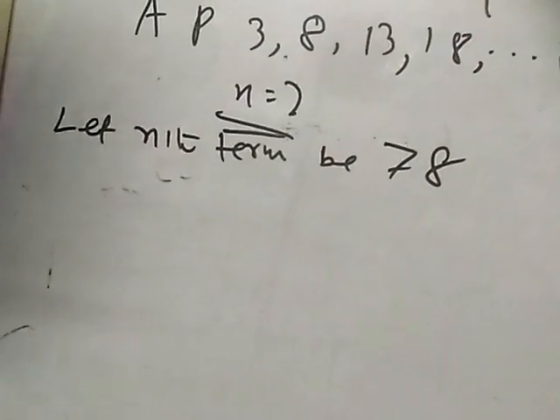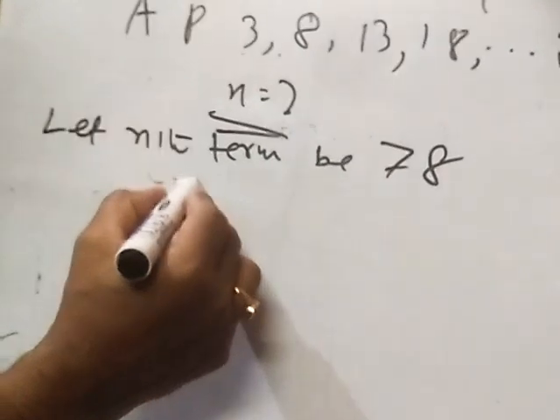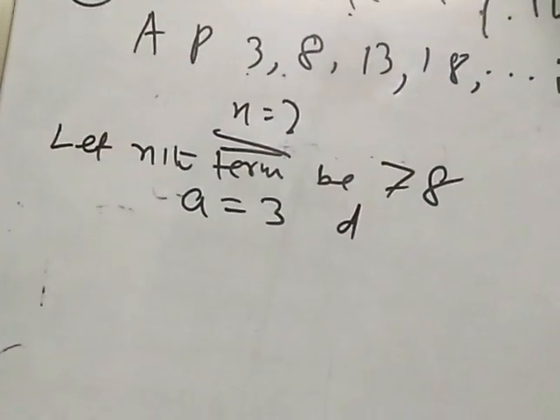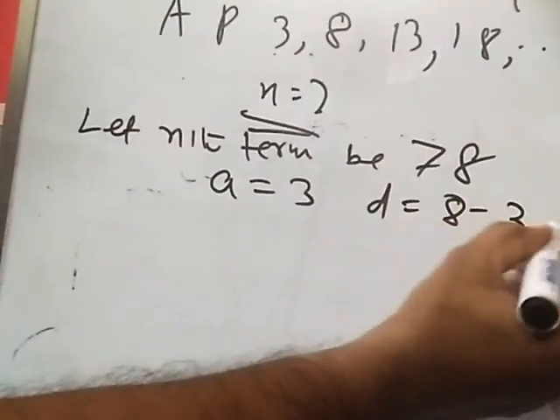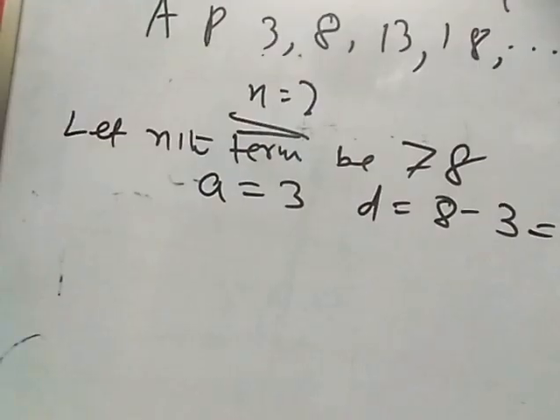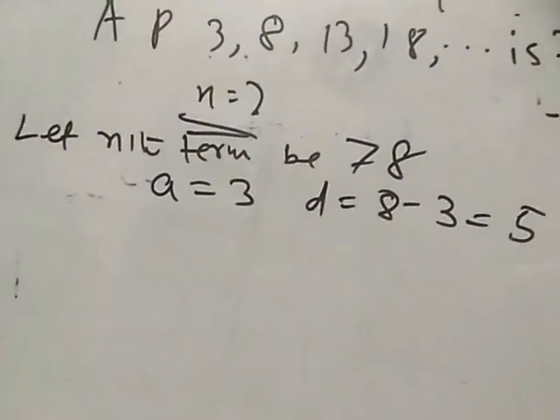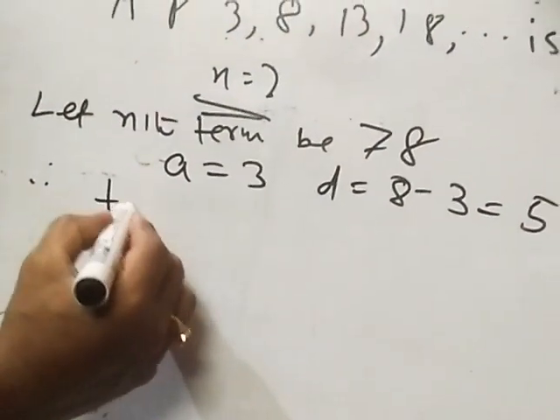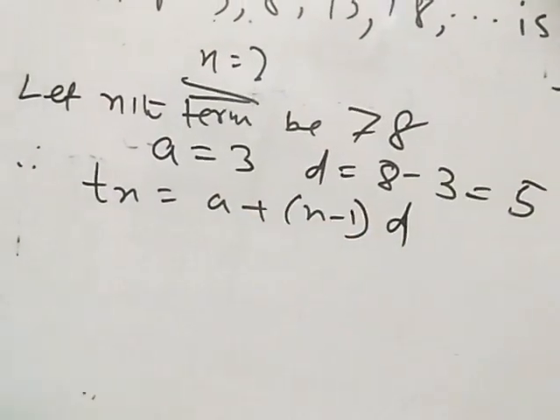Clear? So what is the first term here? First term is 3. Write down, first term 3. What is the common difference? 8 minus 3 equals 5. Any doubt? Can ask me. No doubt. Okay. Write down. We know that Tn equals a plus (n minus 1) into d.